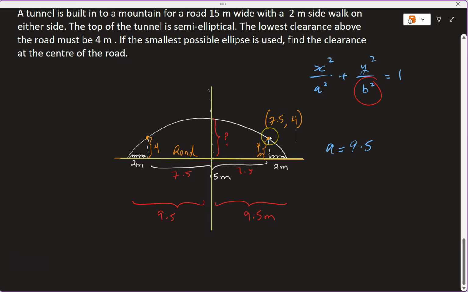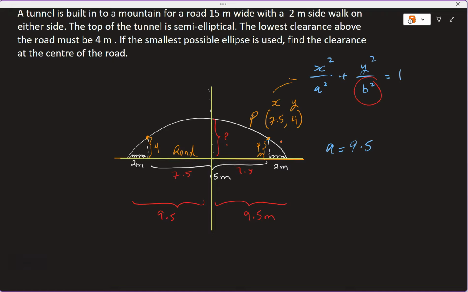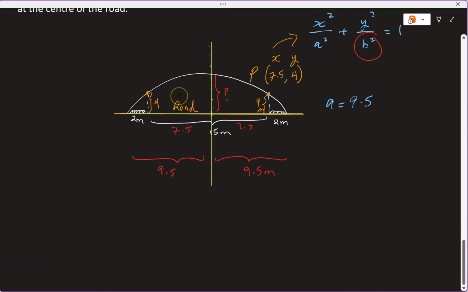So we know that coordinate is on the graph for sure. Let's call this P. This is your x, this is your y. We're going to plug it back into the standard form of an ellipse and solve for b, because we have a, but we don't have b. Once we get b, that is the length of the semi-minor axis. So let's go ahead and do that.